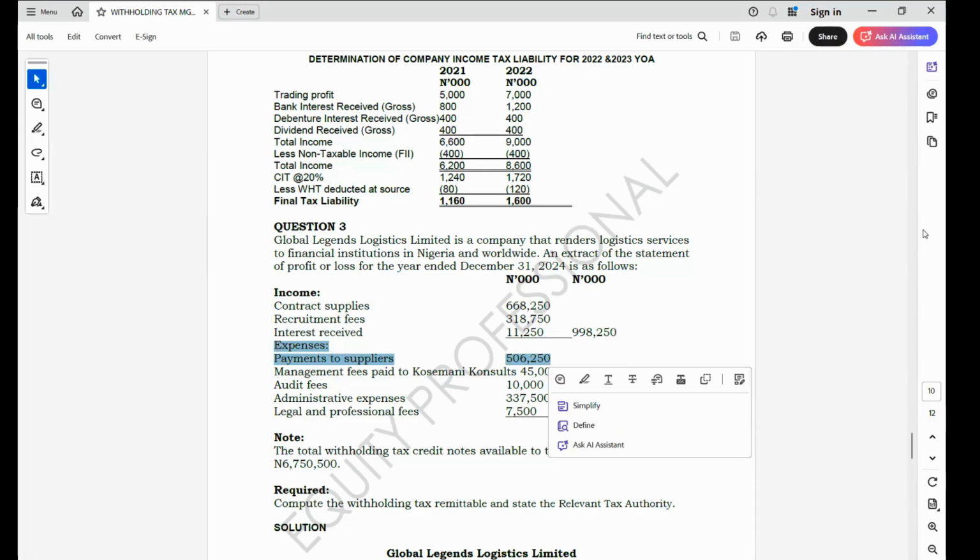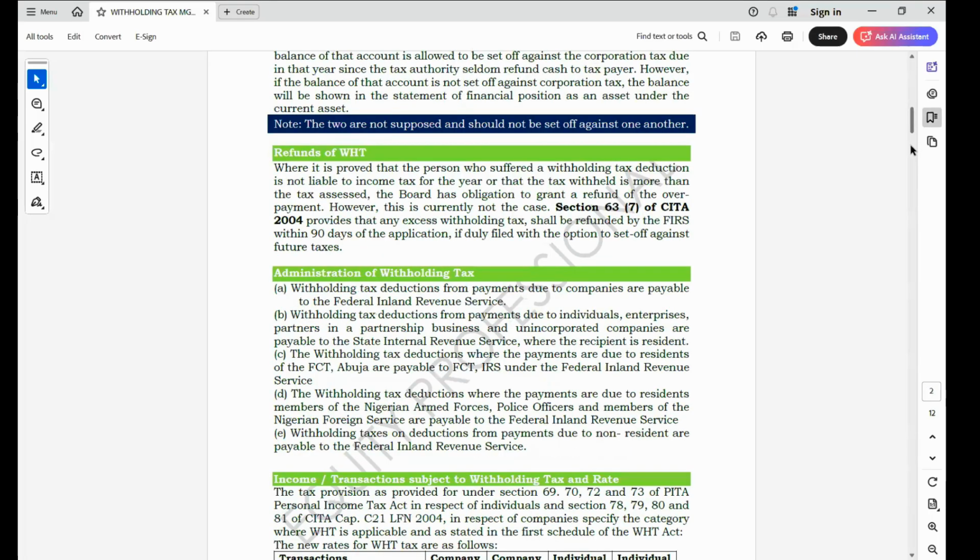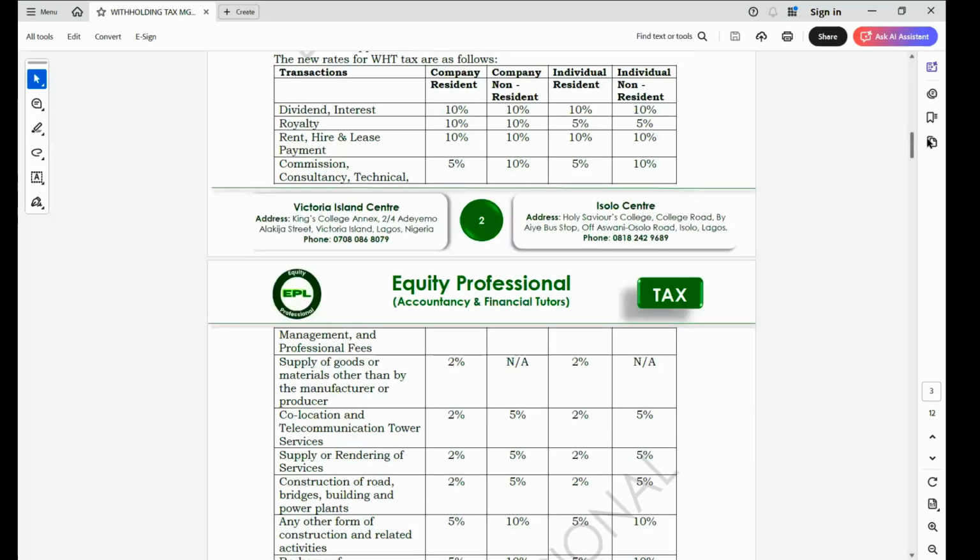It is supply or rendering of services, for which we have company resident 2%, non-resident 5%. So this just tells us that payment to supplier falls here.